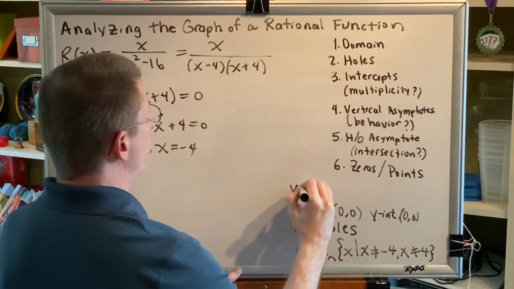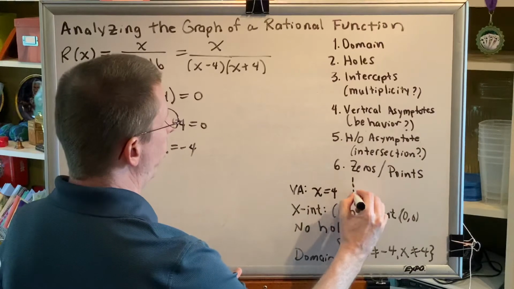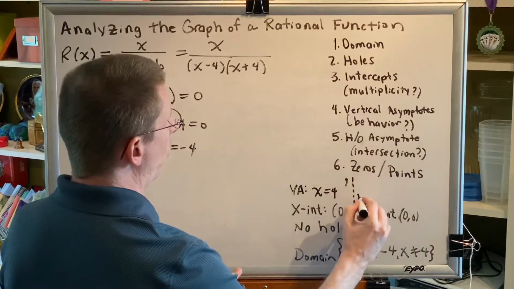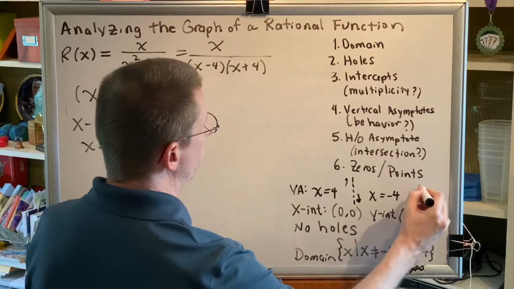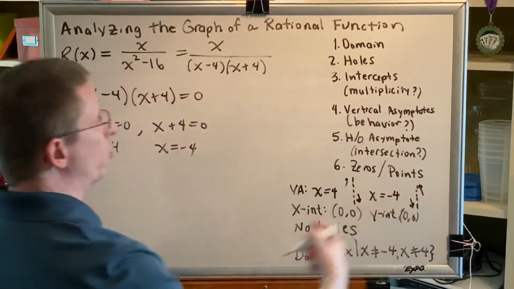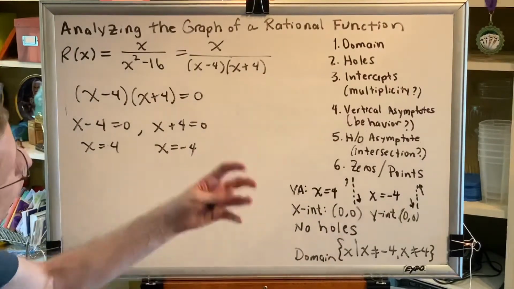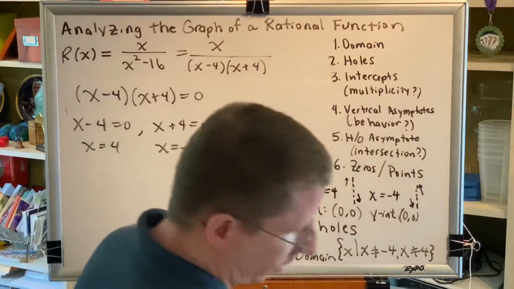So let's write our two vertical asymptotes. We have x equals 4 with the behavior that it's 1 up, 1 down. And we have x equals negative 4 with the same behavior, which is 1 up and 1 down. We don't know which one it is. It could be up with down or down with up for either one of these. In fact, let me write this in a slightly different way.